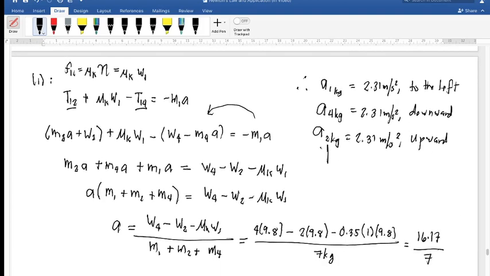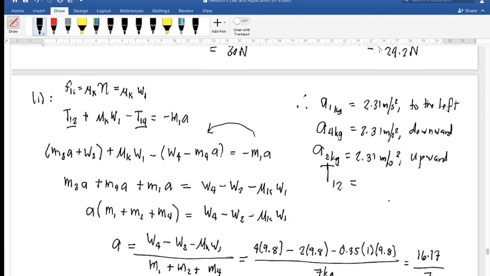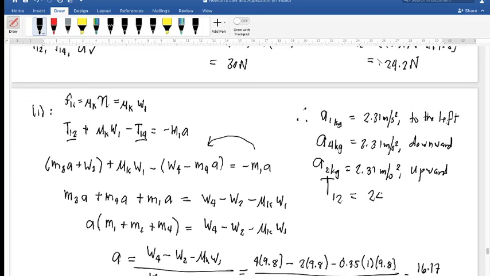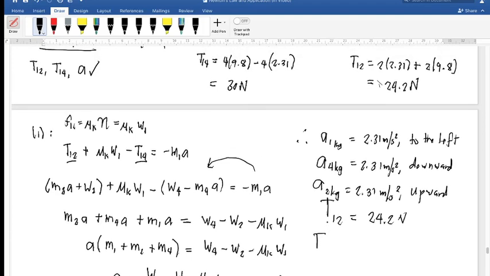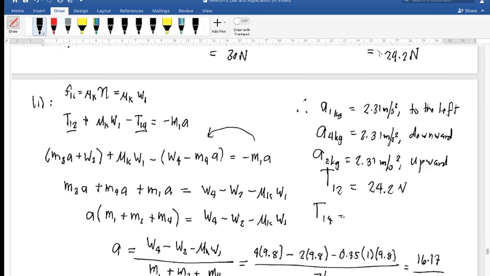So the tension of 1, 2 is equal to 24.2 Newton, and the tension of 1, 4 is 30 Newton.